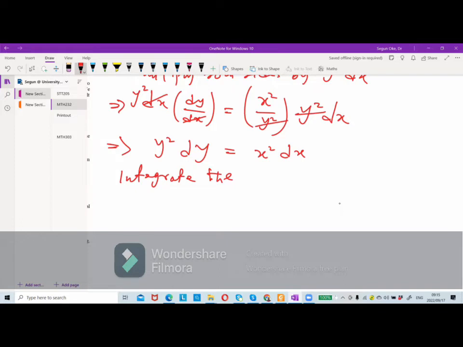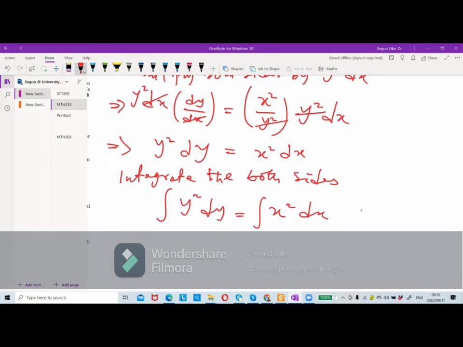So we integrate both sides. So we have the integral of y squared dy equals the integral of x squared dx.